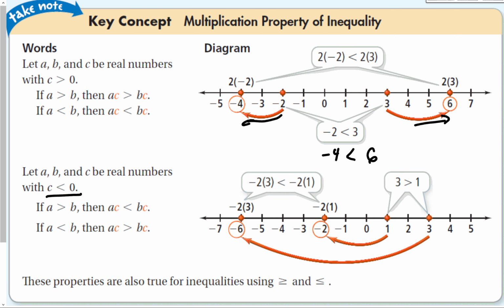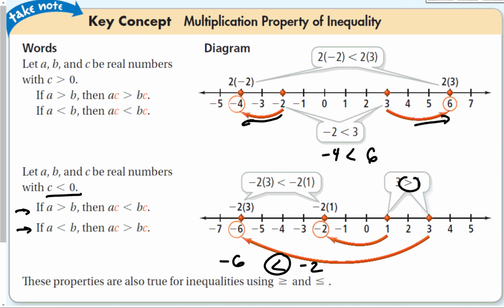So for instance, when we start with 3 is greater than 1, which is true, if I multiply both sides by -2, we get -6 on one side and -2 on the other, and you can see that from my original inequality, the sign changes. That's where these two properties come into play.